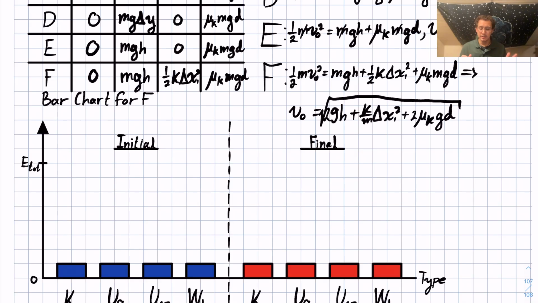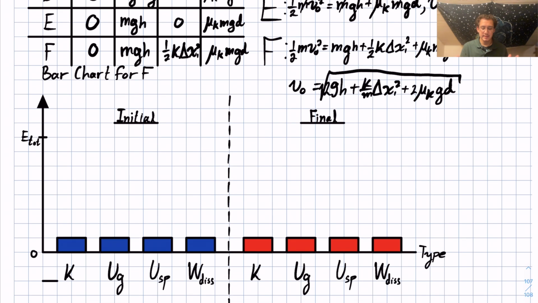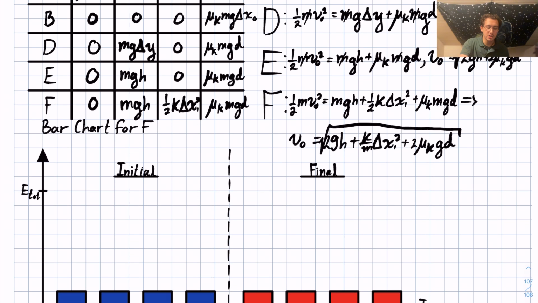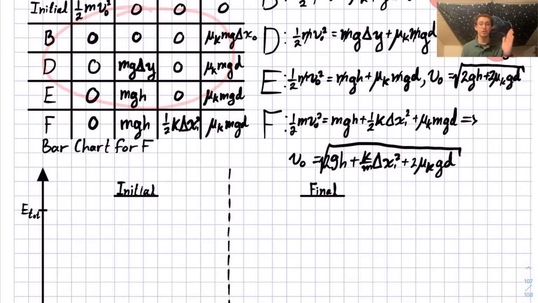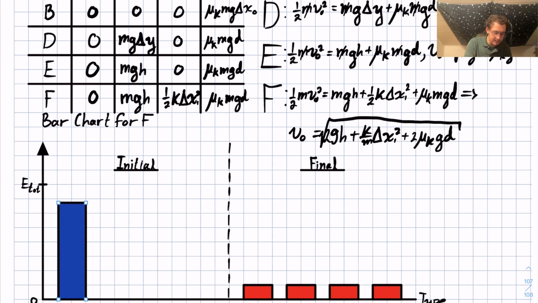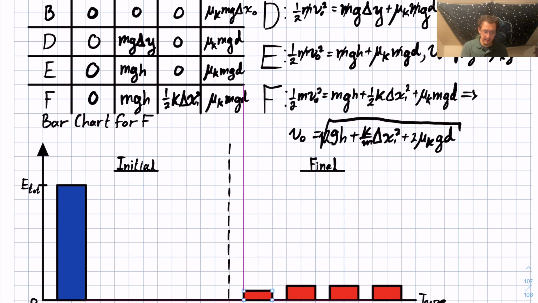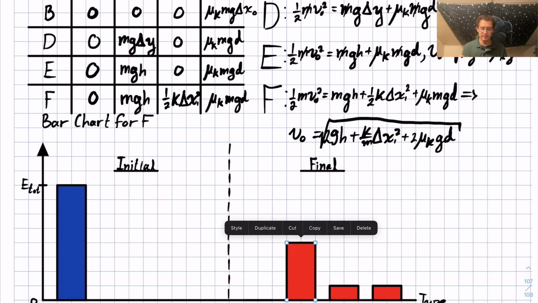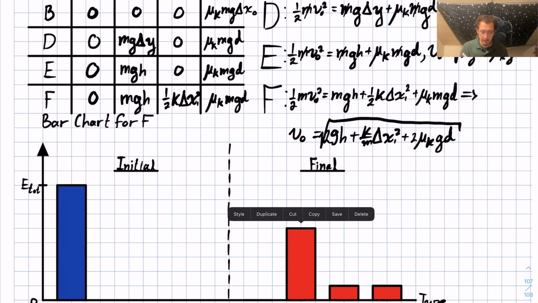Let's look at the energy bar charts. So instead of looking at each one in every single case, let's just look at initially and finally. And by finally, I mean at point F. So we know initially there's no other kinds of energy other than kinetic. Kinetic is going to be the total energy. And at the end, there's no kinetic energy, whereas there is some gravitational potential energy, maybe even a little bit higher.